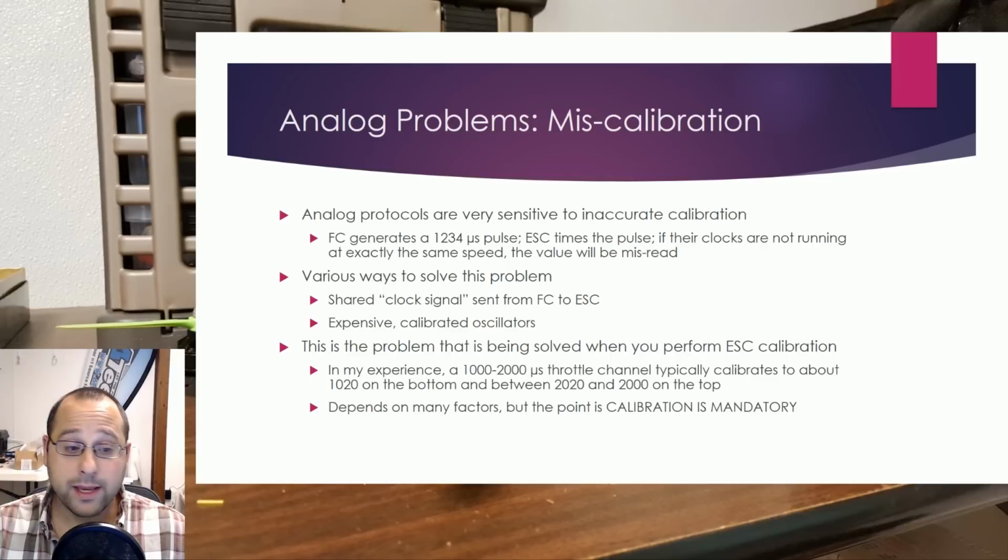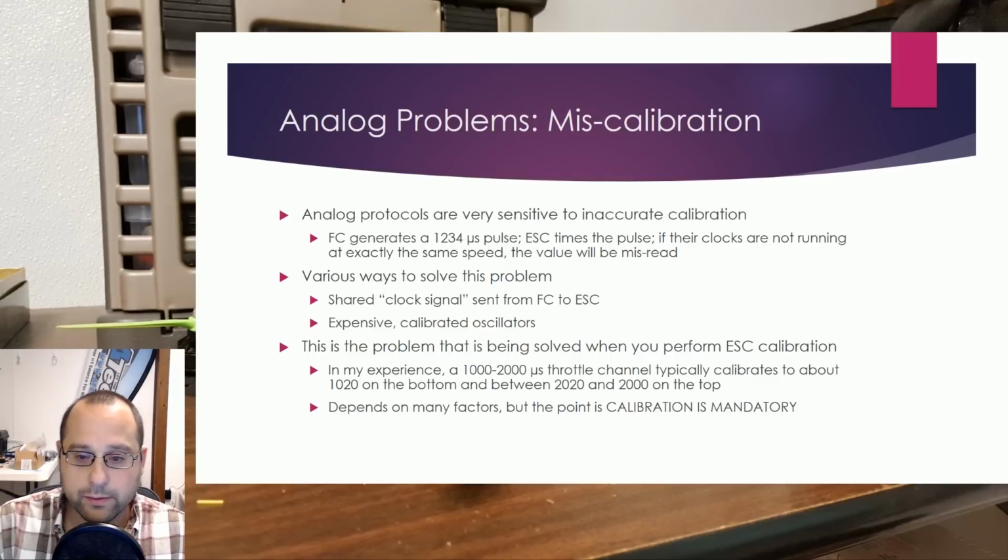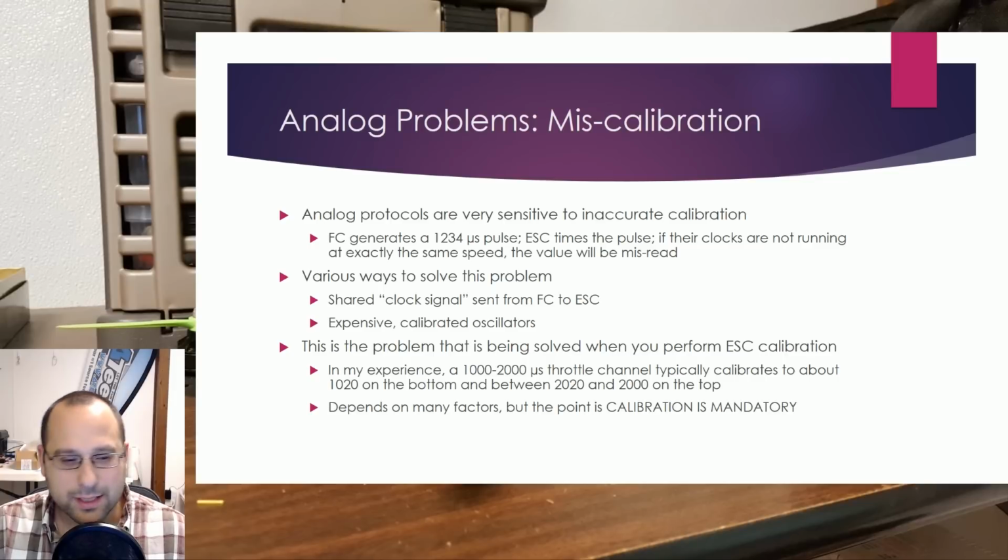In my experience, if I set the throttle channel to 1,000 to 2,000 microseconds and then calibrate ESCs, and as you might imagine, I do a lot of builds and I calibrate a lot of ESCs, I typically see about 1016 or 1020 on the bottom and between 2020 and 2,000 on the top. Maybe I've seen as much as 40 microseconds of difference between the flight controller and the ESC on the top end.